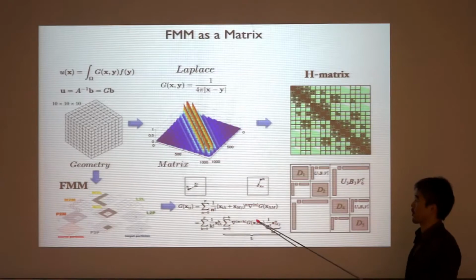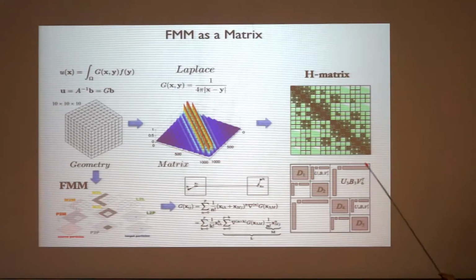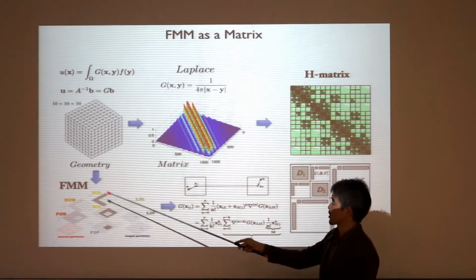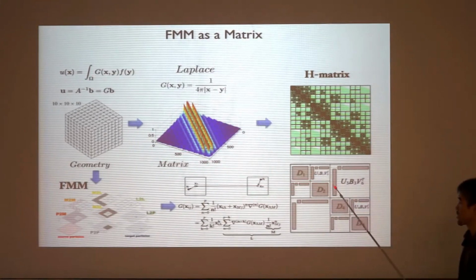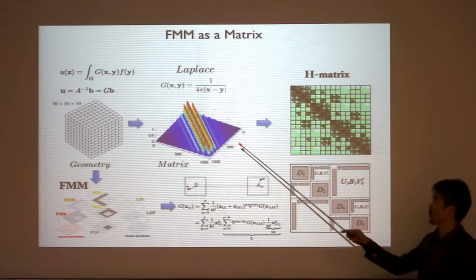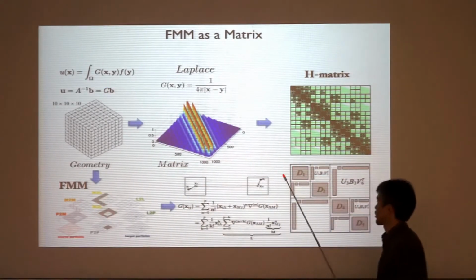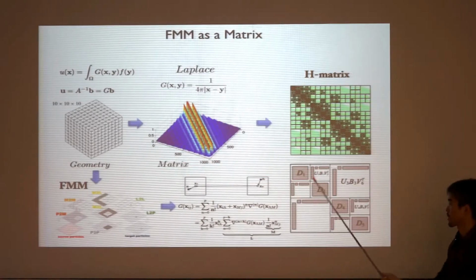So the equivalent of what this was doing analytically, you will be able to do numerically, and you can still construct the same tree structure and have the same kind of interaction lists, and still calculate all the equivalent operations, and have an order n method to do this operation. This is the important part. If you did a dense matrix calculation, then even for just the matrix vector multiplication, you'd have n square complexity, because you have n square entries in your dense matrix. And the storage would also be n square if you stored the whole thing.